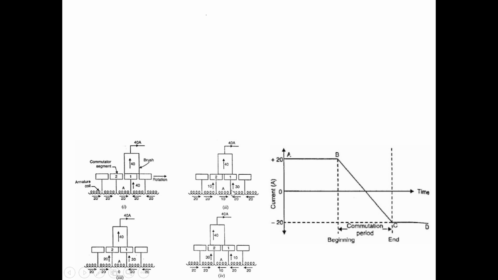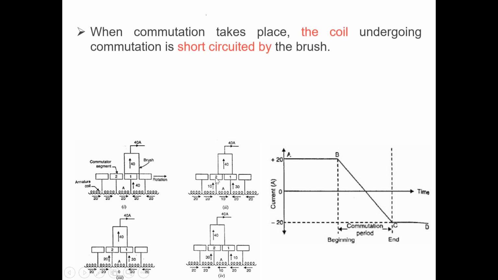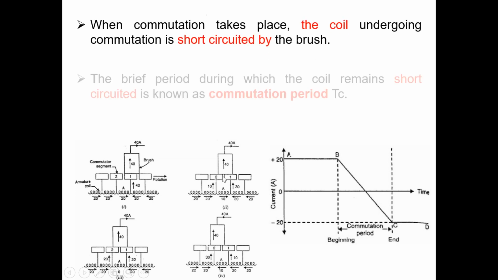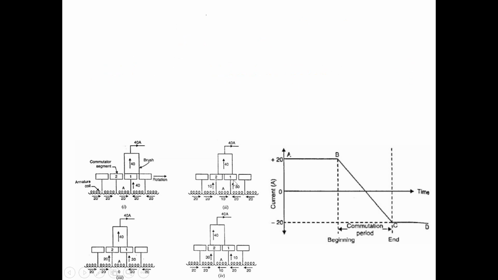Take another case. If two commutator segments are in contact, that is 1 and 2. If we see that 1 is commutated by approximately 20 and this will be commutated by 40.